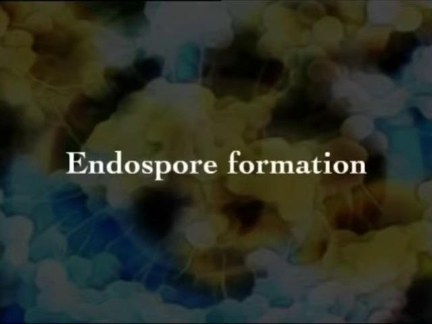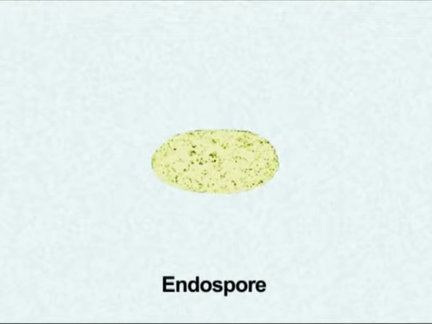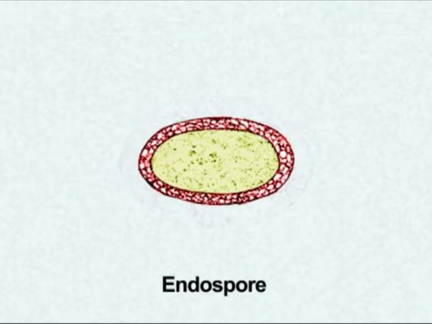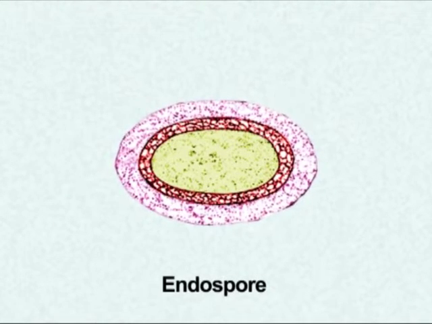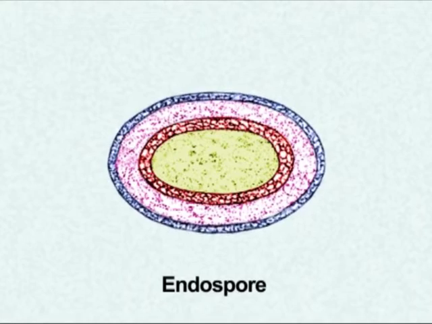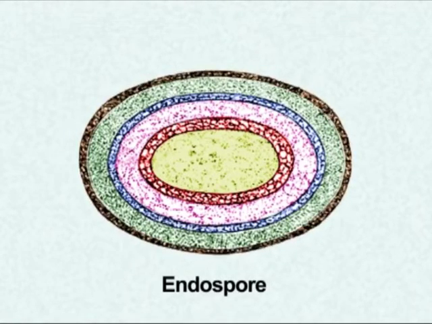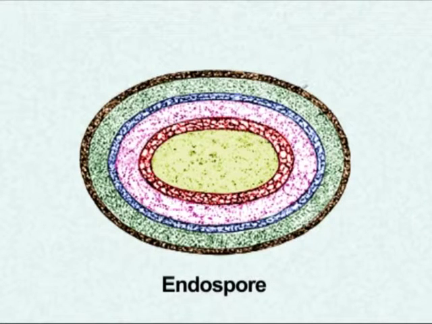Endospore formation. When the environmental conditions are adverse, some gram-positive bacteria, especially the bacilli and certain blue-green bacteria, produce thick-walled resistant spores called endospores. During endospore formation, a portion of the cytoplasm and a copy of the bacterial chromosome dehydrate and get encased by a very thick wall.